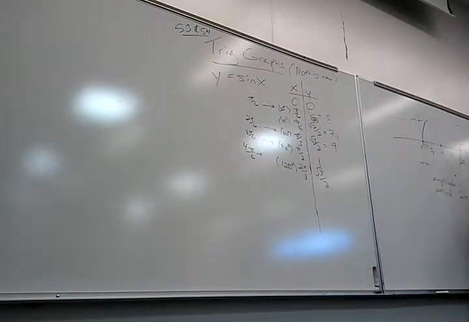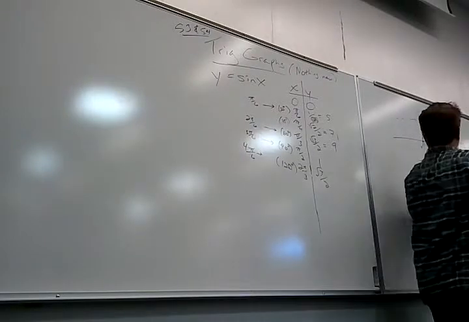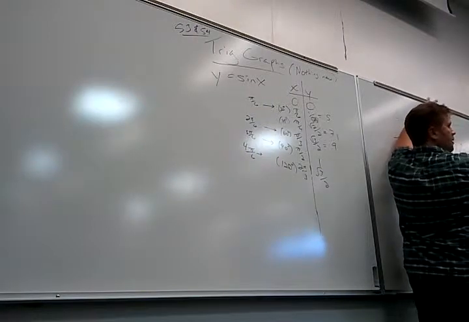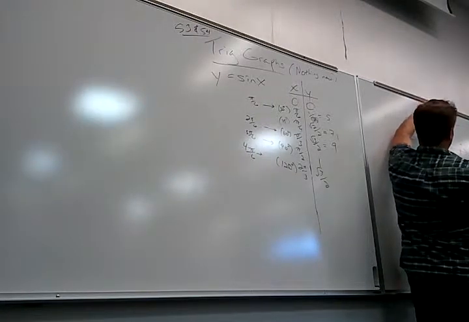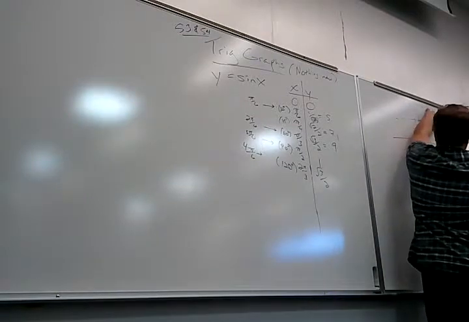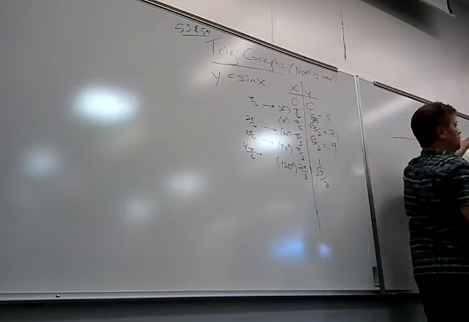If I kept going with this, it's basically going to look just like sine, but it looks like sine that's been moved itself, doesn't it? If I took this and moved it back, by how much? By 90 degrees, by pi over 2. If I just took this and moved it back by pi over 2, that would be cosine.